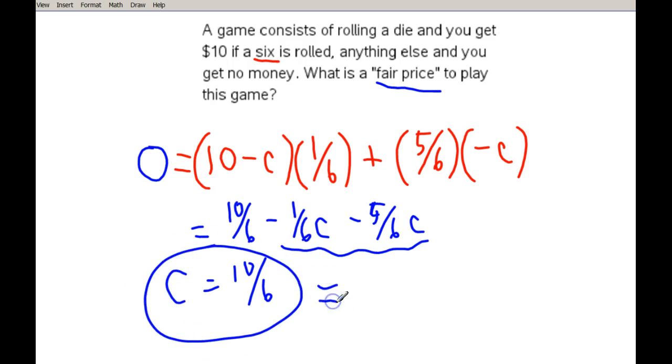So C equals approximately 1 4/6, or 1 2/3, 1.66 repeating here. So the fair price would be to charge about $1.67. That would be pretty fair there. That's as fair as you can get. And that is your lesson for today.